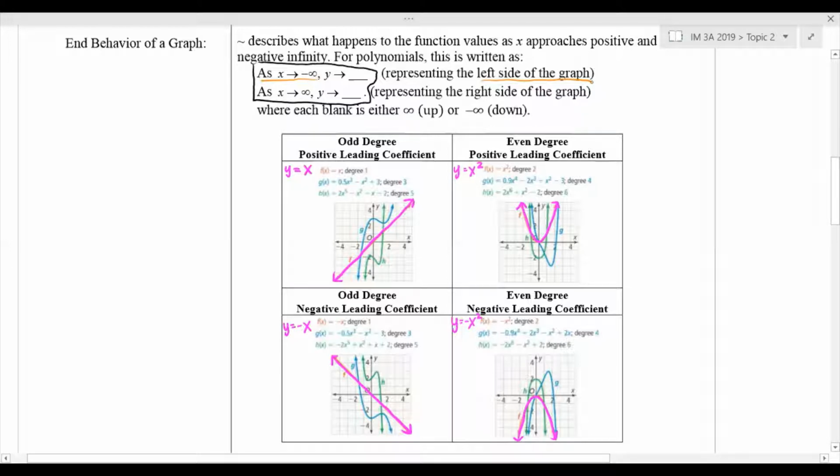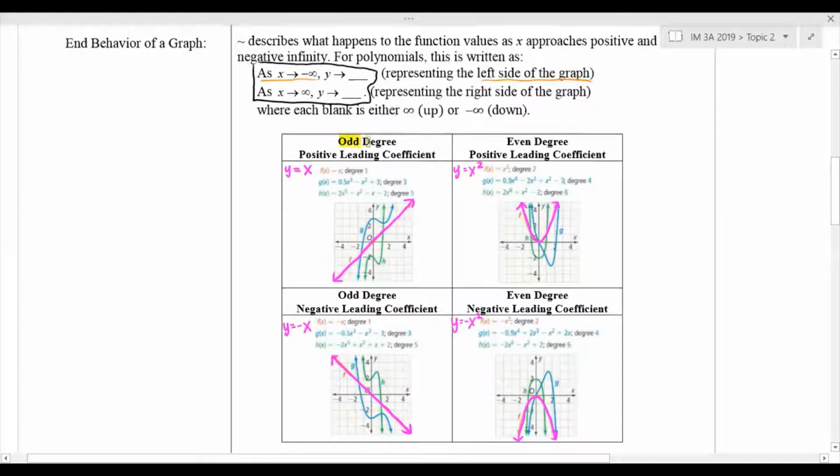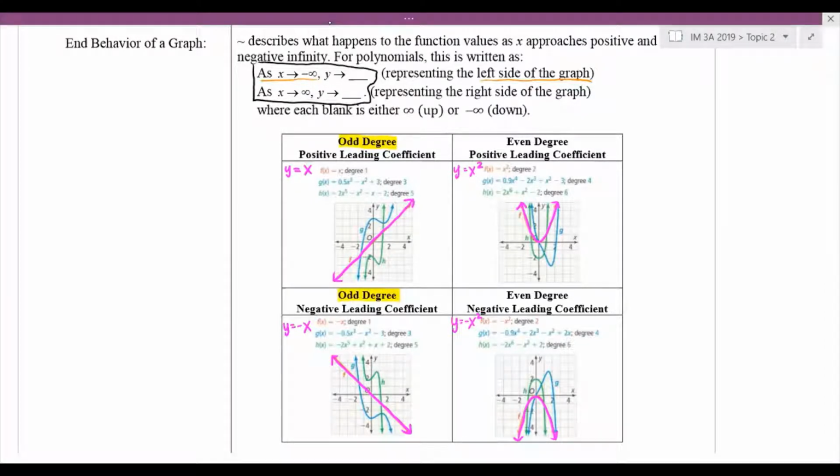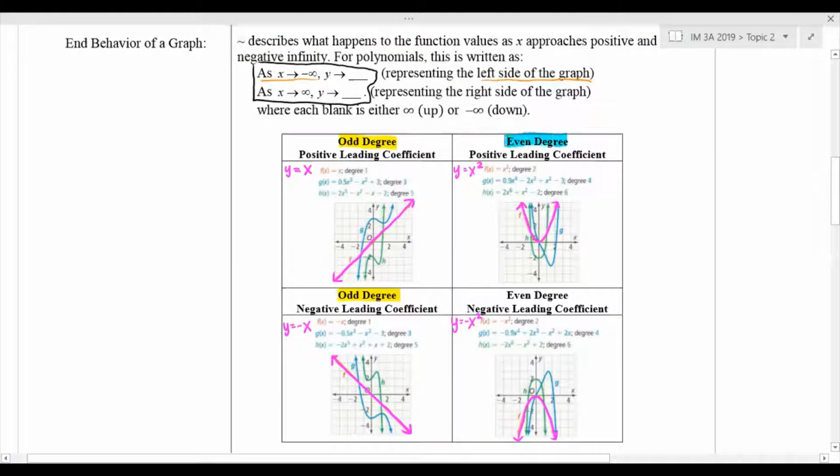And so this is all dictated by the degree of the function and the leading coefficient. And so we have two different types of degrees that we're looking at. We can either have an odd degree or an even degree. So if the degree is odd, our arrows point in opposite directions.